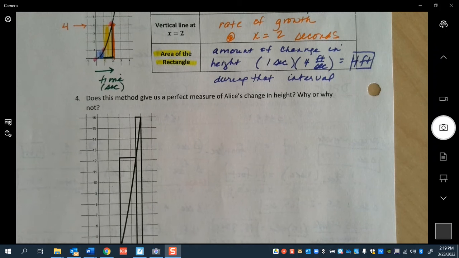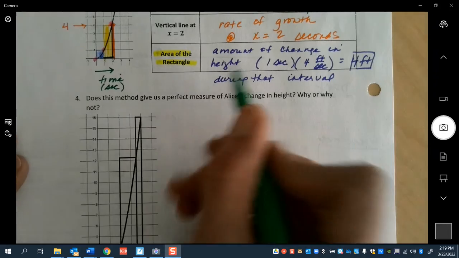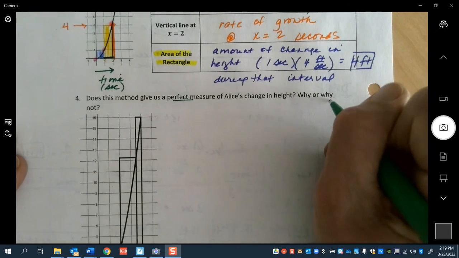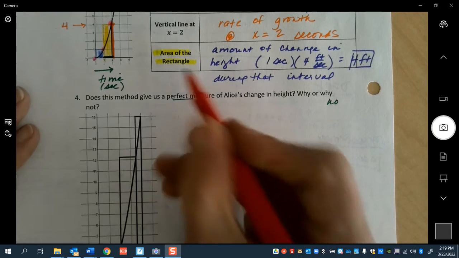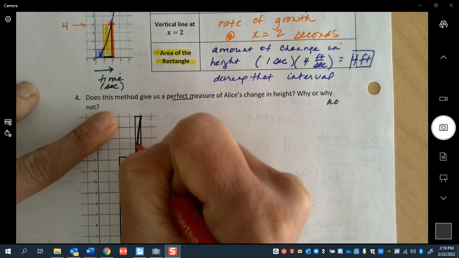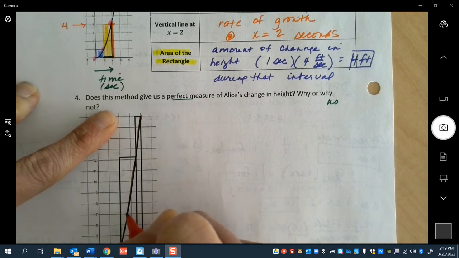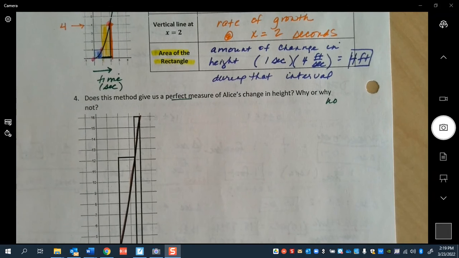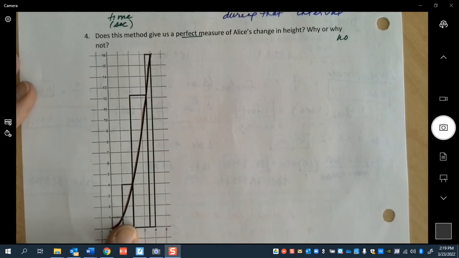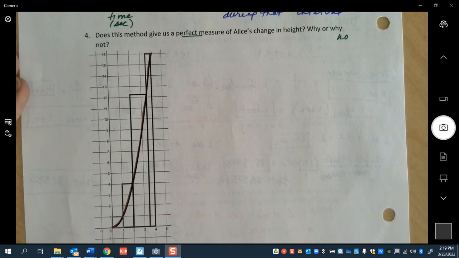So does it give us a perfect measure of Alice's change in height? No, because when we look at this curve, when I estimate the accumulation of area underneath the curve, notice I have parts under the curve and parts above the curve.